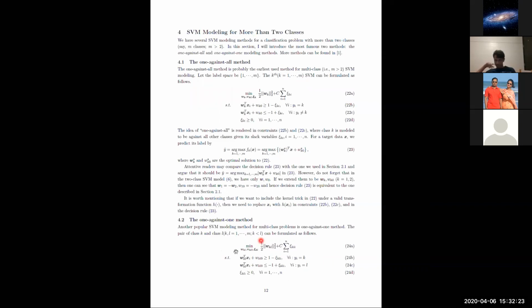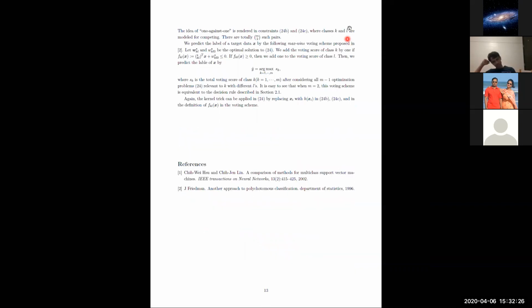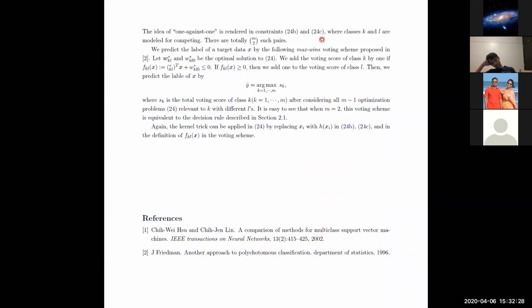The max win system works this way. I solve all the models so that I have all the w stars. Then I add 1 voting score to class K if, comparing K and L, f_KL(x) is less than or equal to 0.